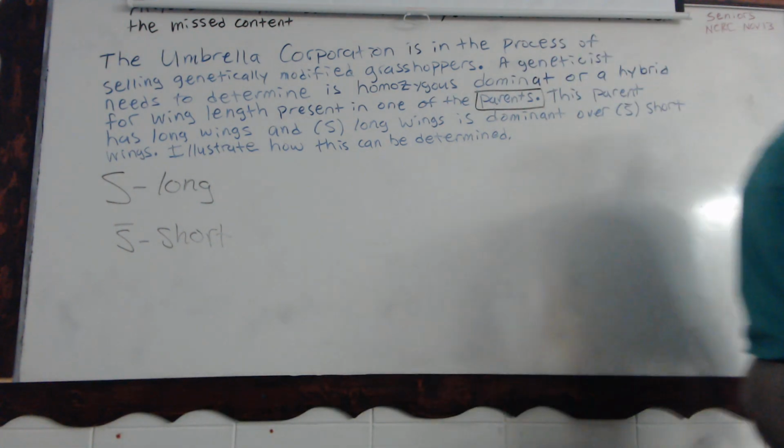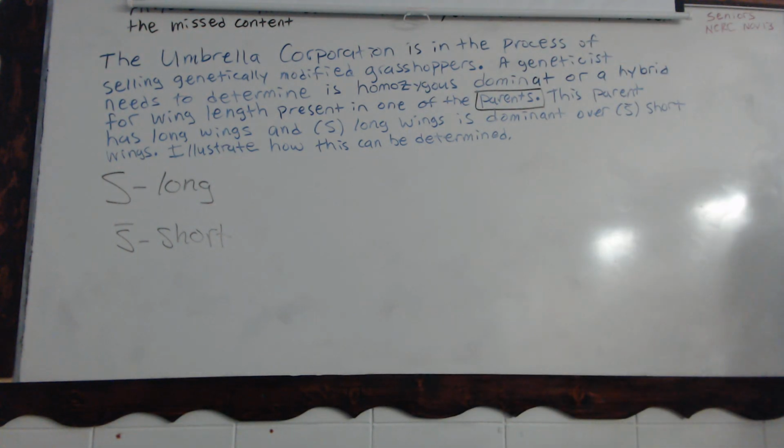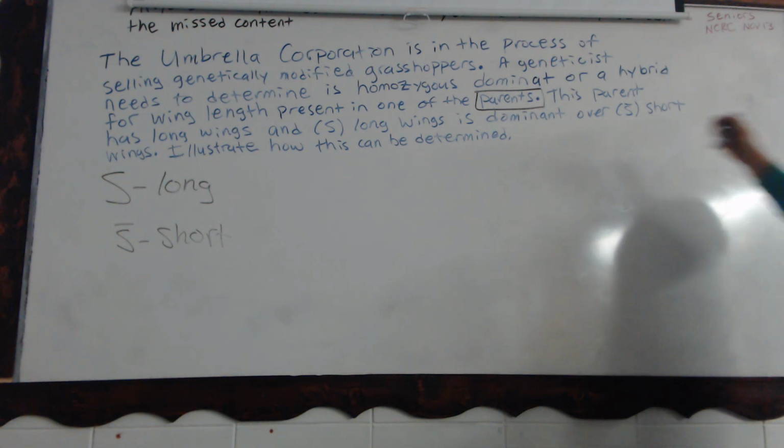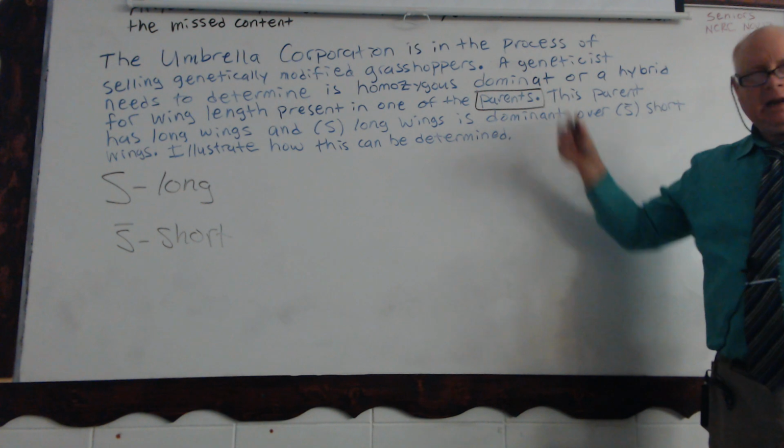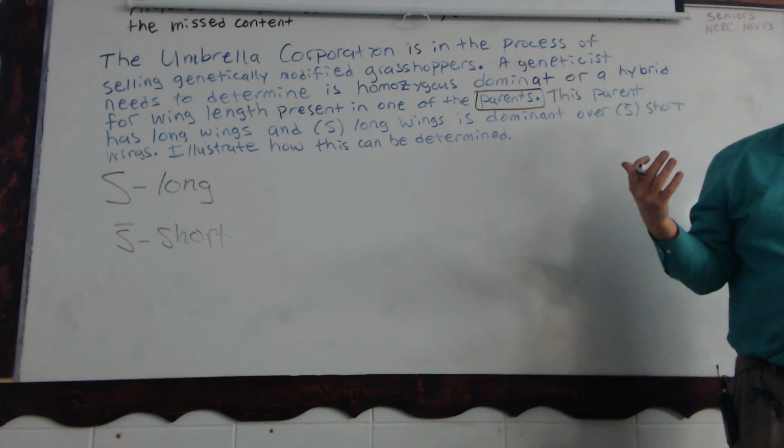And as one of your vocab terms, it's called a test cross. You would have to do what, maybe it wasn't one of your vocab. Well, now we're just going to tell you, you would perform what we call a test cross. Because if this parent, and does this say anything about codominance?